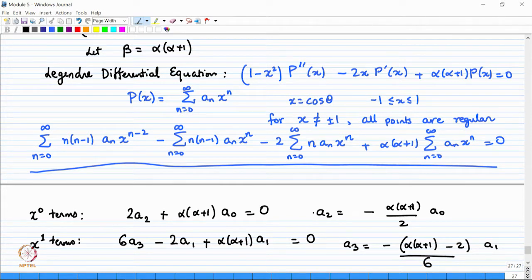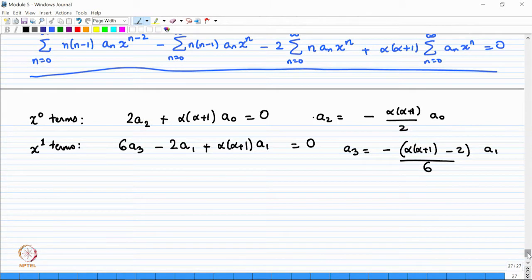Okay, so I have chosen to write it in this form. But basically a_3 is related to a_1. So a_2 is related to a_0, and a_3 is related to a_1.